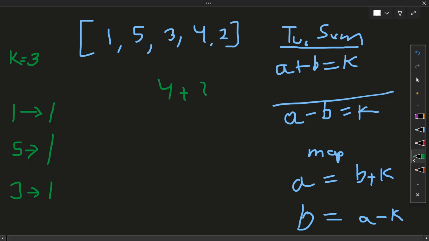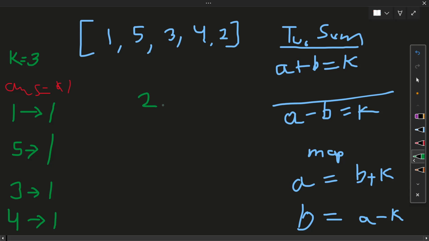So 4 plus 3, is it present? 4 minus 3, is it present? This is not present, but this is present. So let's take this value. How many values are there? Only one value. So let me take answer. Initially our answer is 0. Now our answer becomes 1. And don't forget to add 4 here. 4 frequency will be 1.